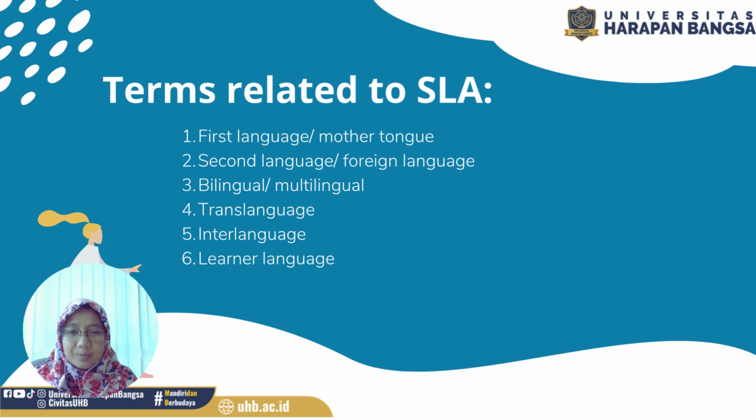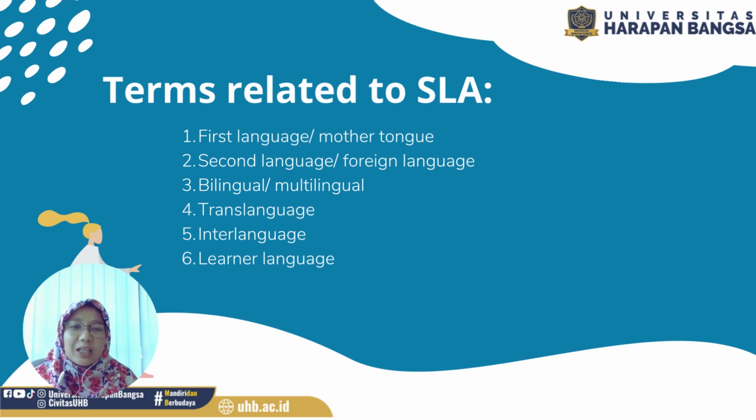Okay, the next term is second language and foreign language. Second language refers to a language that is learned in addition to a person's first language. So everyone has their first language, and when we learn another language, that is the second language.